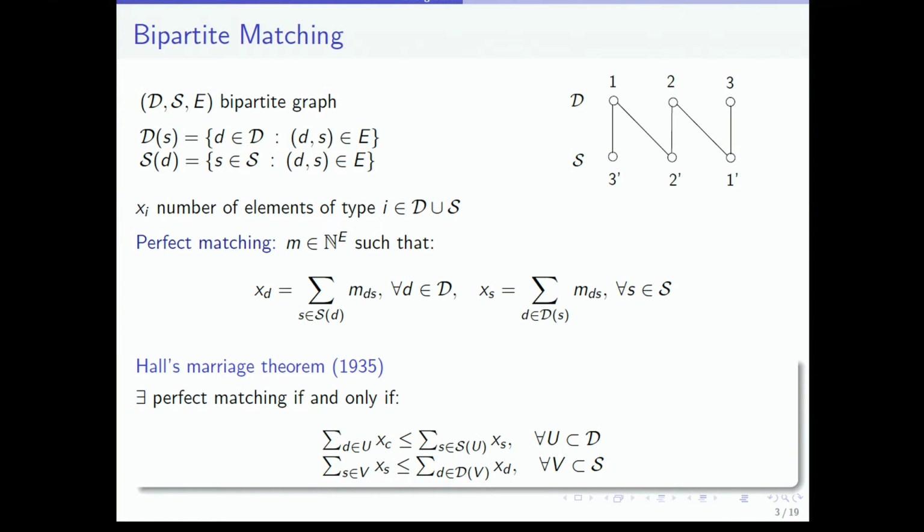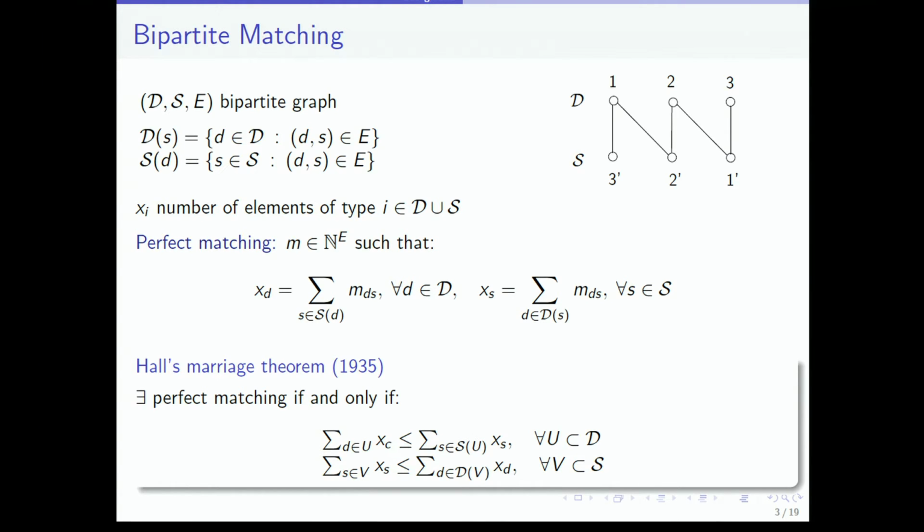And so I will denote by D of S all the classes that can be matched with a supply item of type S, and similarly for S of D.